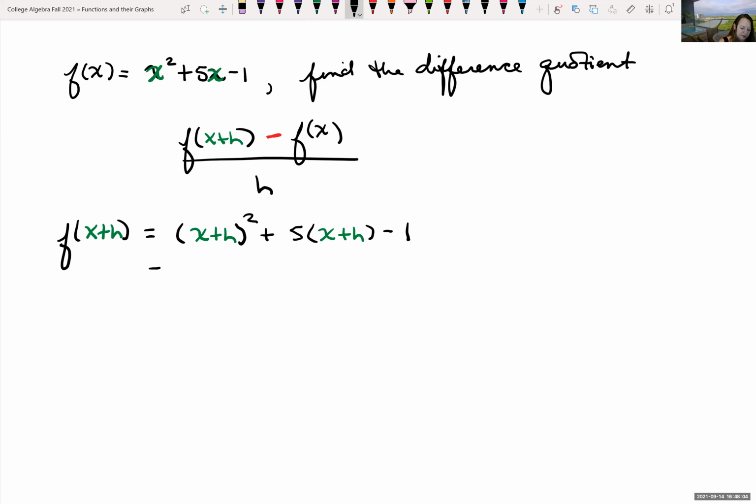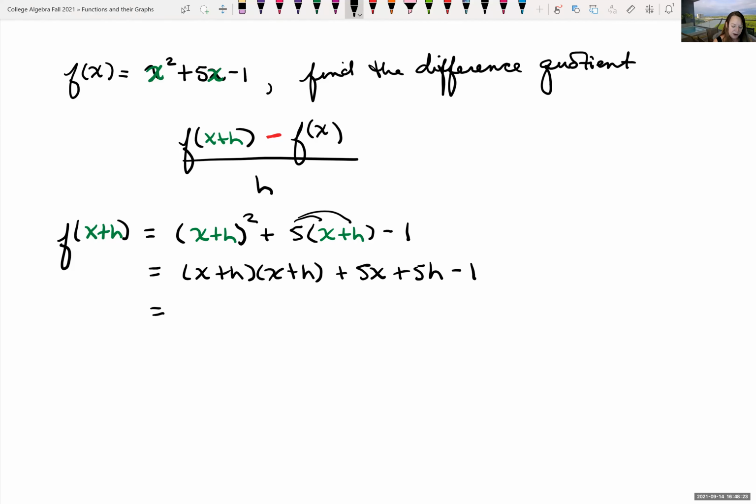We're going to have to expand this. So I have to multiply x plus h times x plus h. I'm going to have to just distribute my 5. So this would give me plus 5x plus 5h and minus 1.